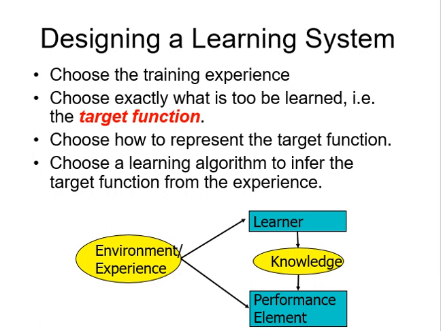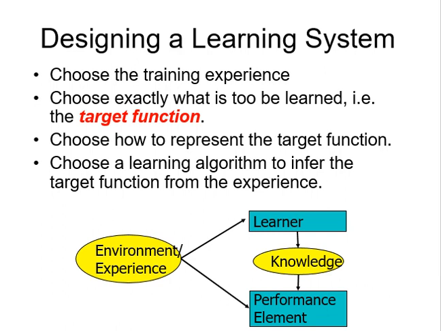Firstly, to design a learning system, we should choose the training experience and then choose exactly what is to be learned. We should correctly decide what topic should be learned before we start developing a learning system. That means choosing a learning process is known as the target function. We have to choose what topic we are going to learn, and that topic is called the target function.